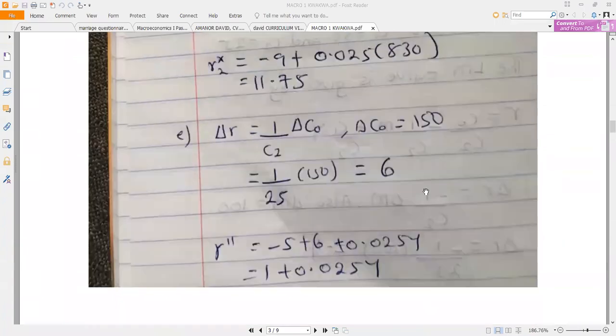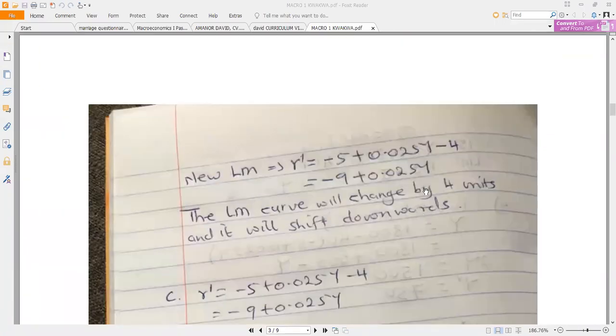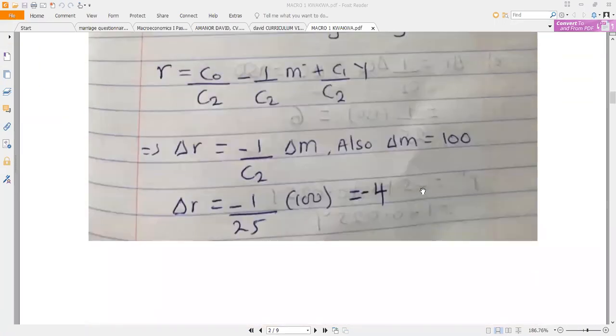What were we finding? We just wanted to find the effect of a change in the quantity of money on the LM curve. Now, if you take the general form of the demand for money, and then you equate it to the quantity of money, this is what you get as the LM curve.